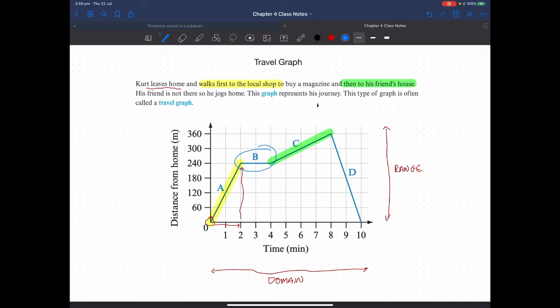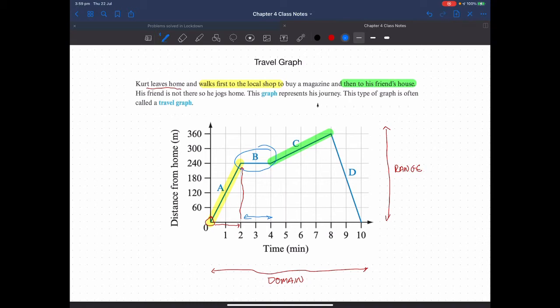He was not moving further away from his house, he was in the shop. So what does that tell me? It tells me that from 2 to 4, 2 minutes, Kurt was in the shop. He was not moving any further distance away.